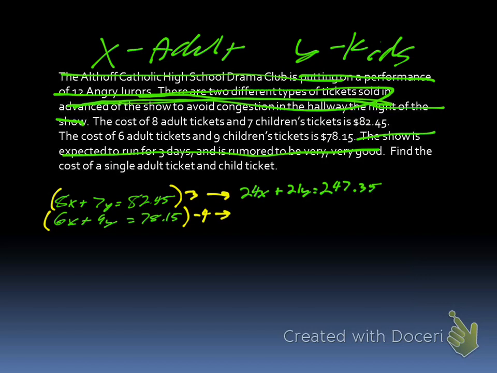Your bottom one goes -24x - 36y = 78.15 times -4, which is -312.6.